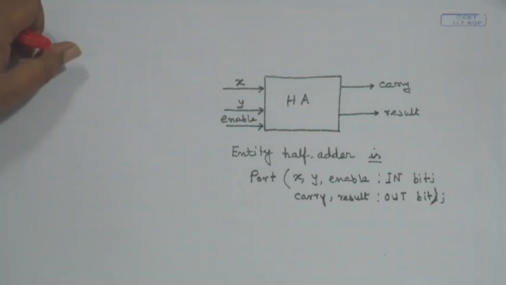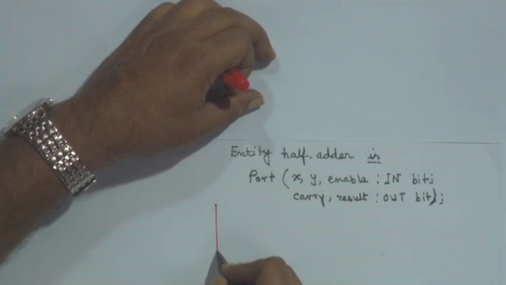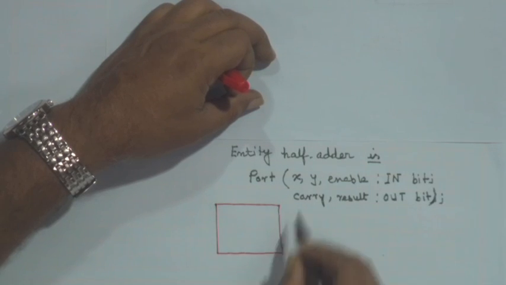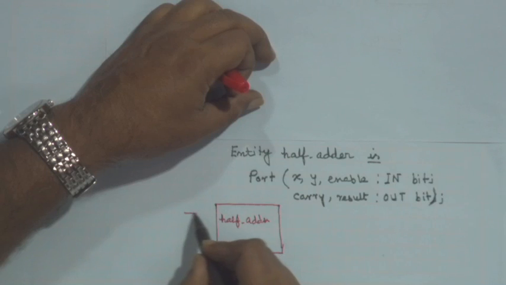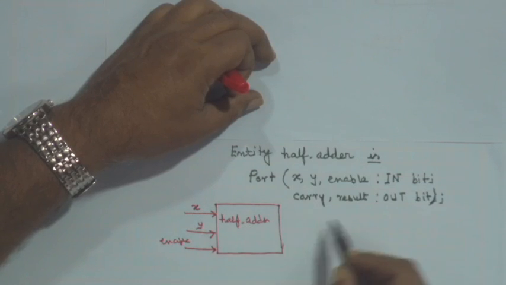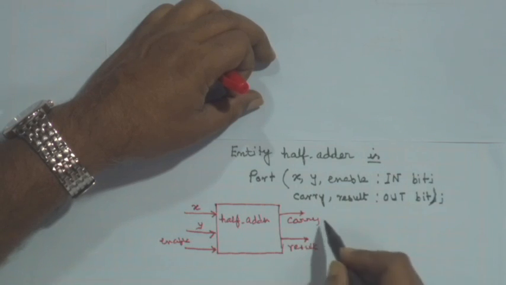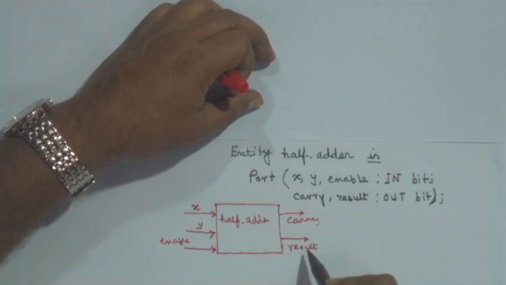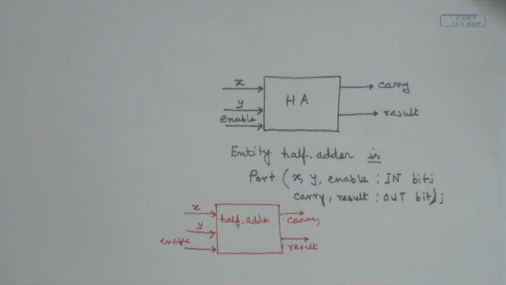Suppose this is not shown to me, I can just look at it and redraw it: there is an entity and its name is half adder, and it has got X, Y and enable ports, and each of them are input ports and these are bits, and carry and result are output ports and these are also of type bit. Now, you can see that these two are absolutely equivalent, this one and this one, right. Now, before we conclude today, we will continue with this.